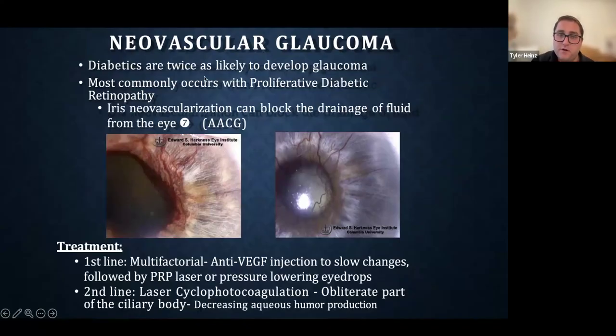Neovascular glaucoma. Remember, we already briefly talked about this. Your diabetics are twice as likely to develop this, and it most commonly occurs with proliferative diabetic retinopathy because you're growing blood vessels all over the place. Like we talked about last lecture, there's usually not going to be blood vessels across the cornea.